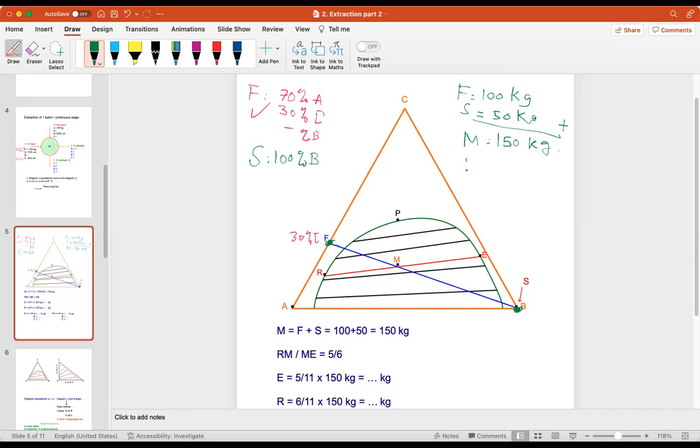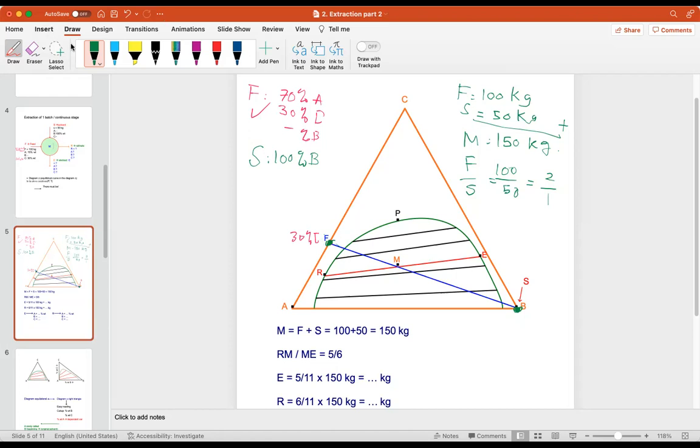The F to S ratio is 100 divided by 50, so it is 2/1. Find somewhere along the line on the triangle diagram with your ruler, where 2 is near the S because it's the lever rule, and 1 near the F. So here is the line.